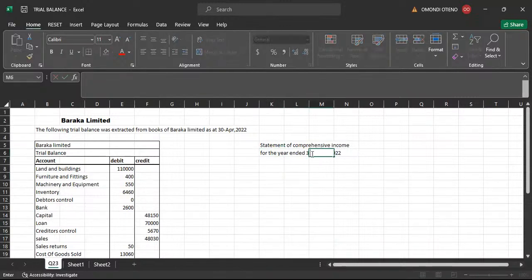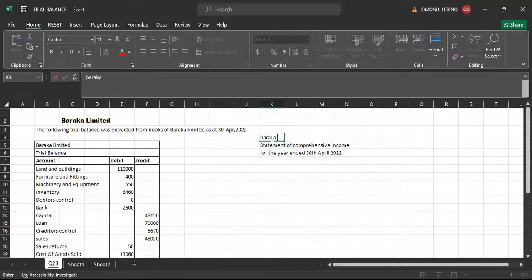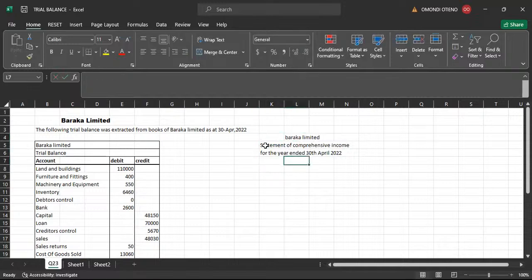That is what we have. So we have to know the name of the company, which is Baraka Limited. Baraka Limited. Statement of comprehensive income for the year ended 30th April 2022. So that's what we have.